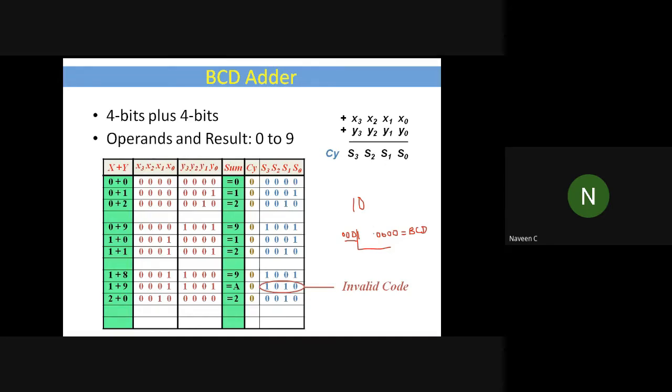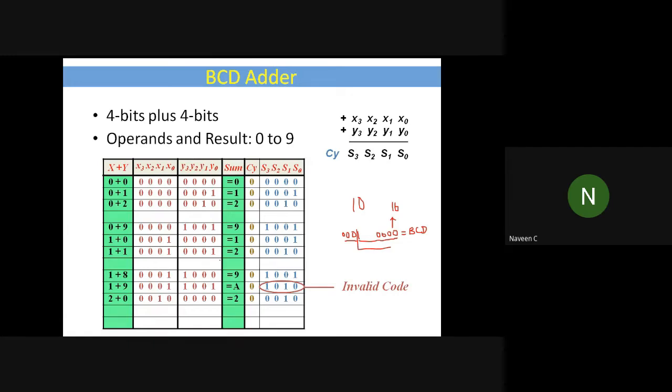But if you try to find the equivalent value of this 1 0 0 0 0 according to the binary number, it is 16. So the shortcut is, when you want to convert from binary to BCD, you should add 6 to all the numbers after 9.